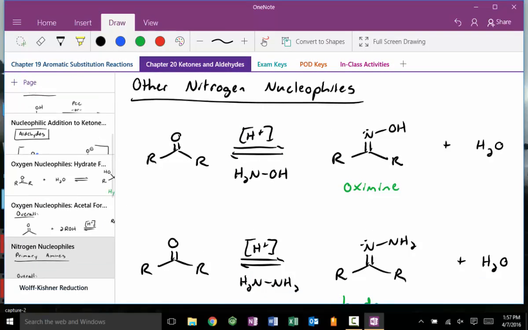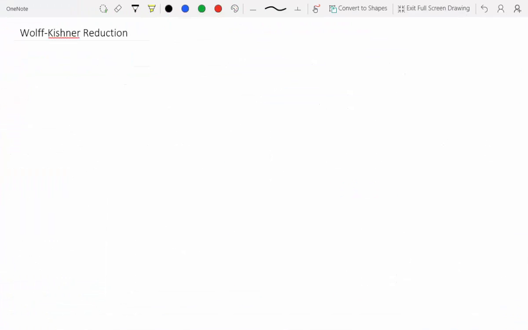All right, the Wolff-Kishner reaction involves formation of a hydrazone. So I'm going to choose the generic ketone.